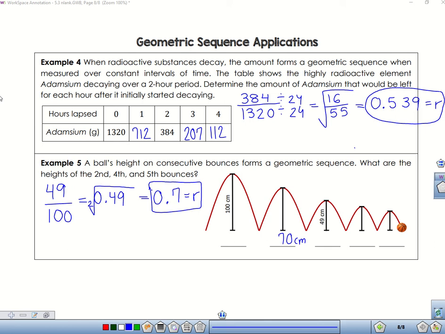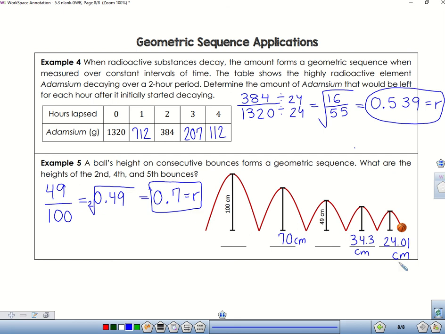Good, I multiply it by 0.7, which gives me 34.3 centimeters. And then, once again, I'm going to multiply by 0.7 to get the last one, which gives me 24.01 centimeters.